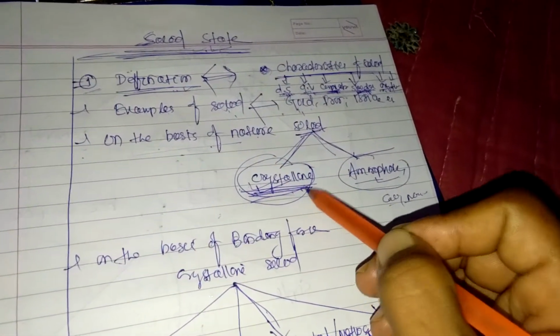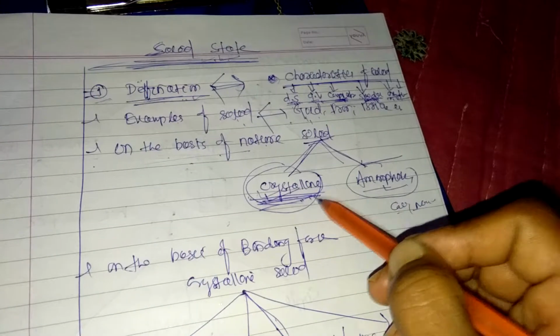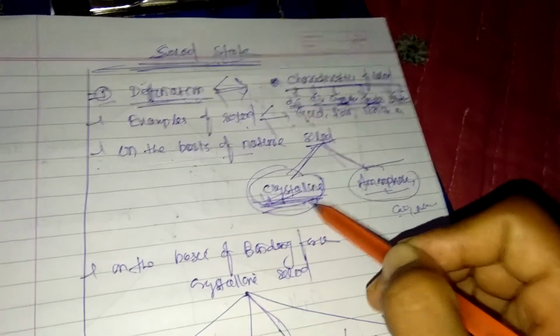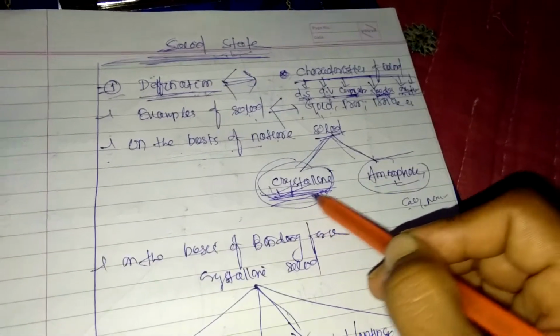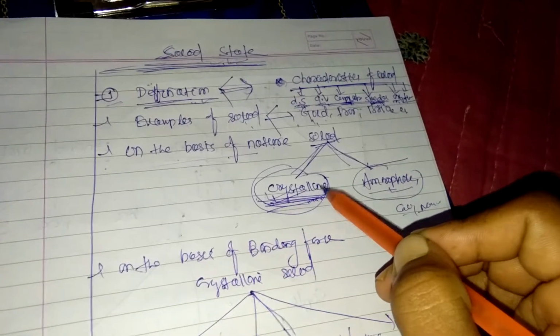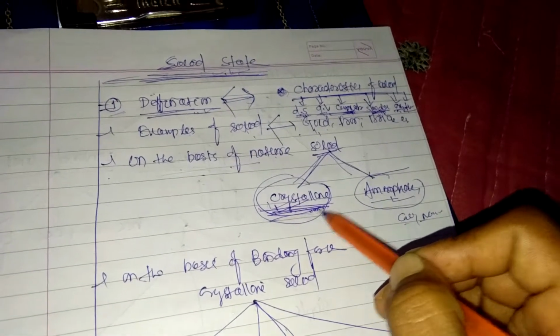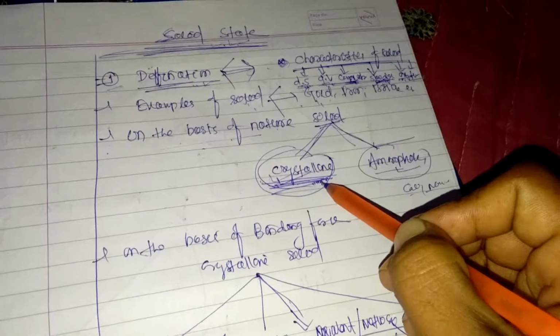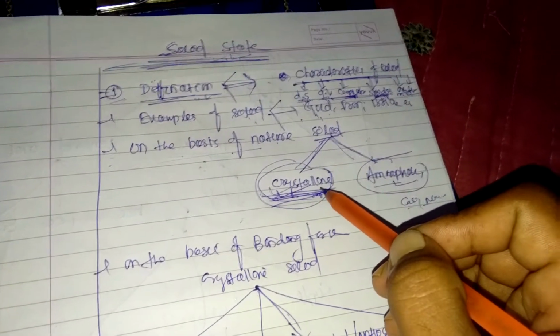A crystalline solid is a solid whose constituent particles follow a long range order, and a crystalline solid has a sharp melting point. A crystalline solid has one important term, anisotropic. Why is a crystalline solid known as anisotropic?